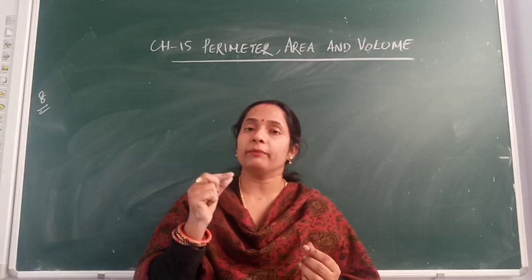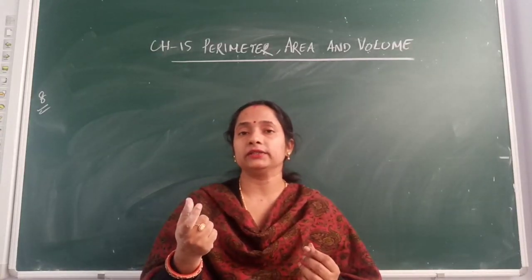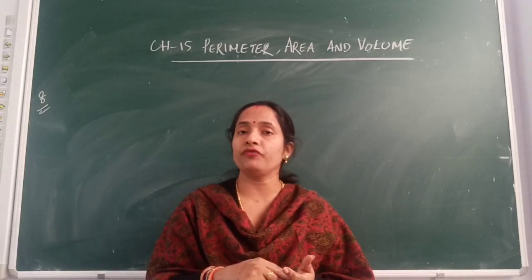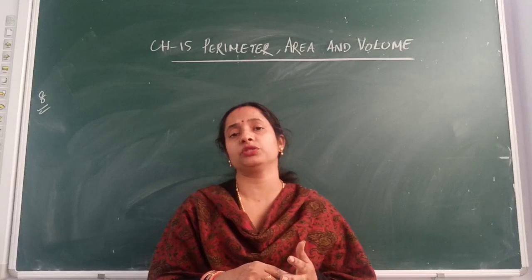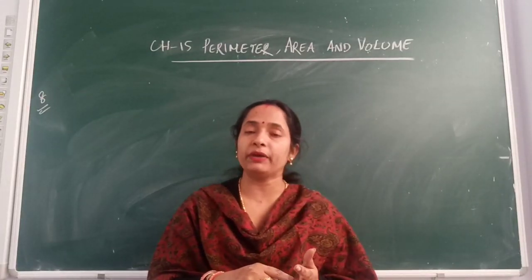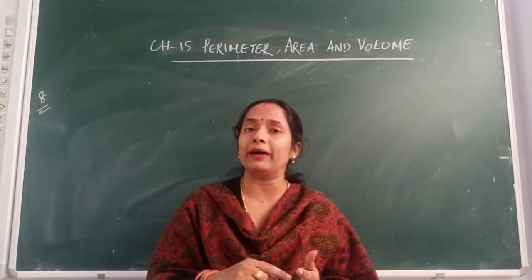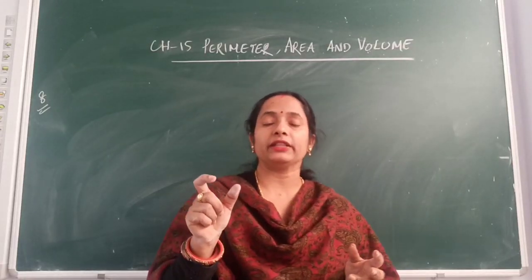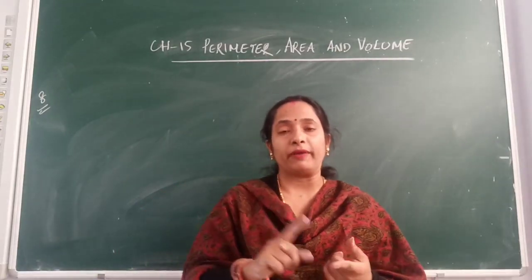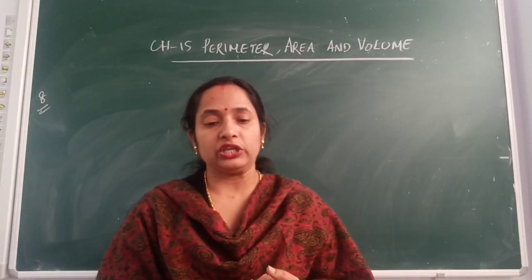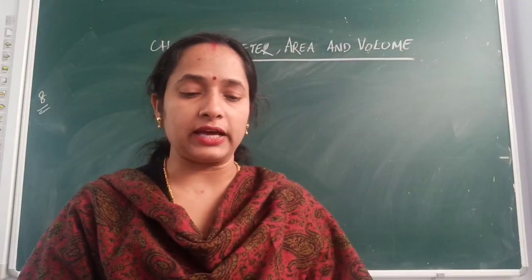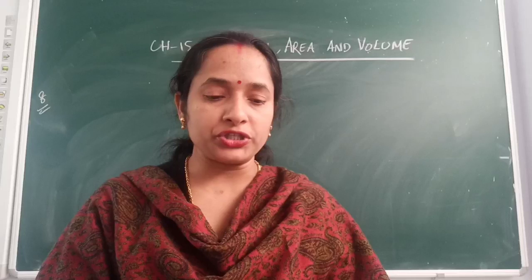So if you get some length as a perimeter for one display board, then you need to find how much length of wood trim will be used for 45 display boards. So simply you have to multiply the perimeter of one display board by 45. Okay, you just try this one. If you cannot do it, we will definitely discuss it in online class. So now let's move to question number 8.